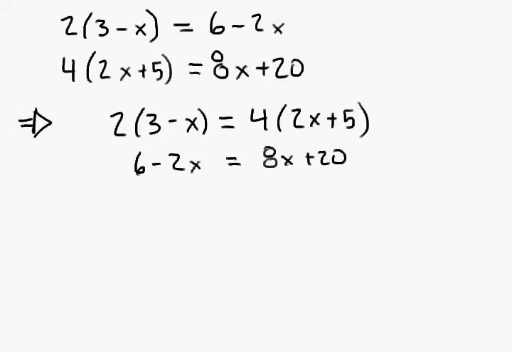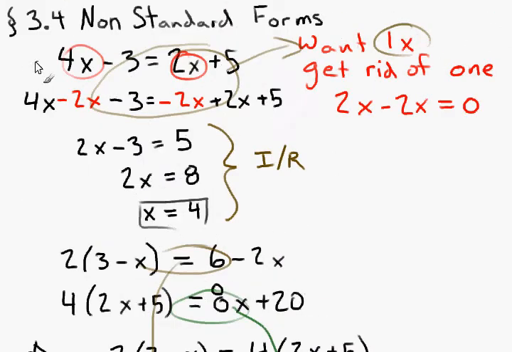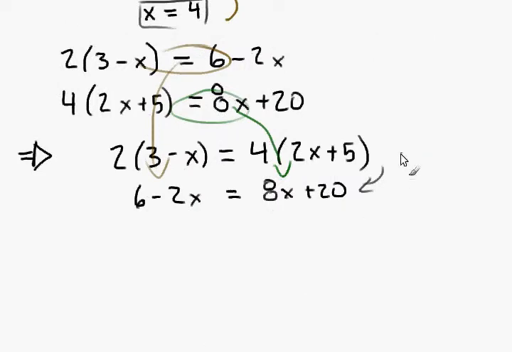Again, this simplification here got us that, and this one here, this distribution, got us that. So now this form is similar to what we started out this problem with. We just want 1x.